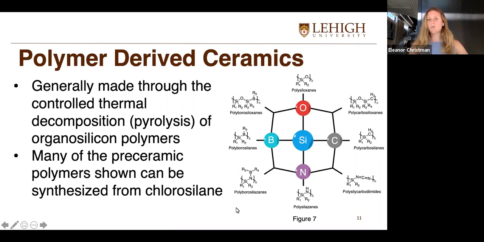They're generally made from these elements: silicon, oxygen, carbon, nitrogen, and boron, or any combination of those. Many of these pre-ceramic polymers can be synthesized from chlorosilane, which is actually a byproduct of the silicone industry. So I thought that was pretty interesting.